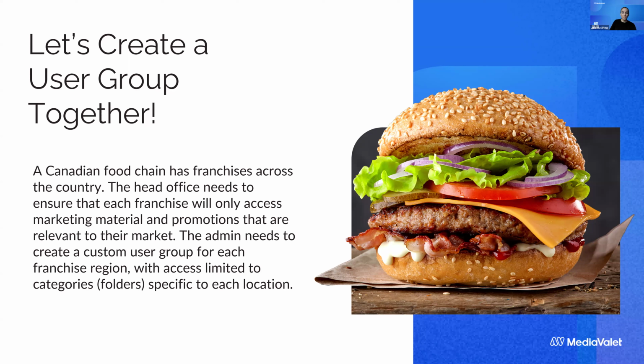The head office needs to ensure that each franchise will only access marketing materials and promotions that are relevant to their market. The admin needs to create a custom group for each franchise region, with access limited to only the categories or folders specific to each location.